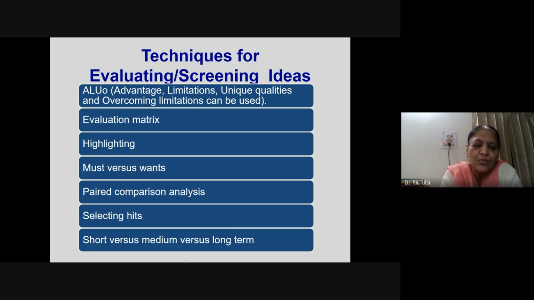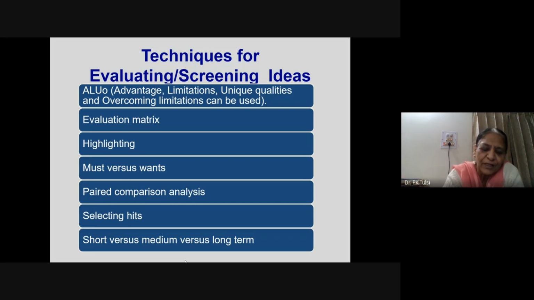Then must versus wants. So what comes under must and what comes under wants. Then peer comparison analysis includes comparing each idea with another idea, right? So out of the two, which is more important, and then finally a score is calculated. So I'm not going into these details. Selecting hits, then short versus medium versus long term.